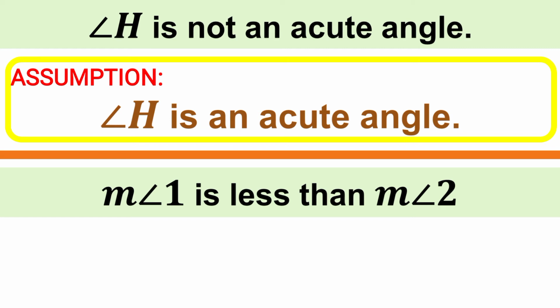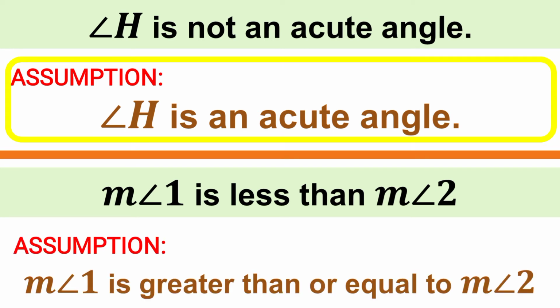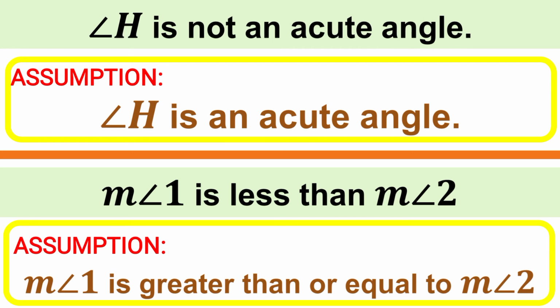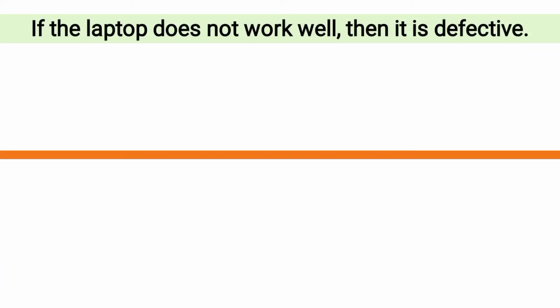Measure of angle 1 is less than measure of angle 2. What will be our assumption? Therefore, measure of angle 1 is greater than or equal to measure of angle 2. Another, if the laptop does not work well, then it is defective.